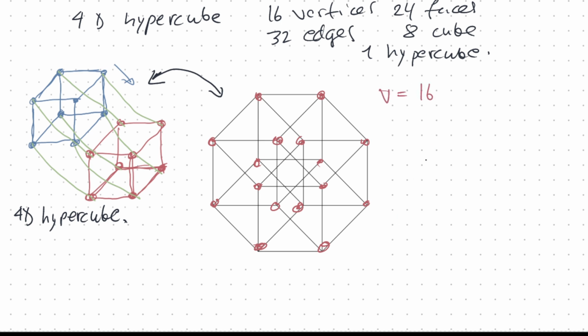Now, what about the edges? Well, you can count all of these edges. You see all these squares? And if you count all of the edges, you will find that, yes, indeed, there are 32 edges. And what about faces? Well, this is what a face looks like, this.